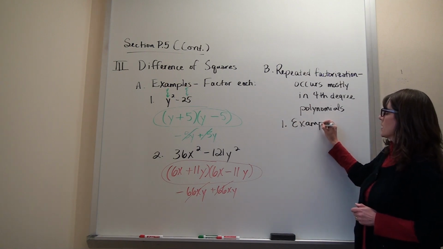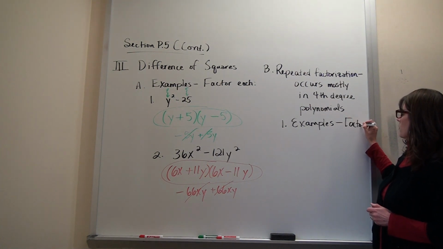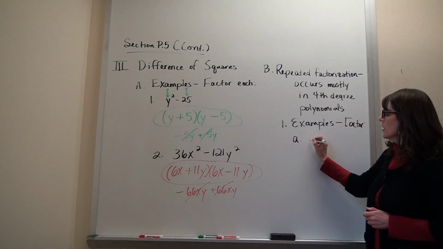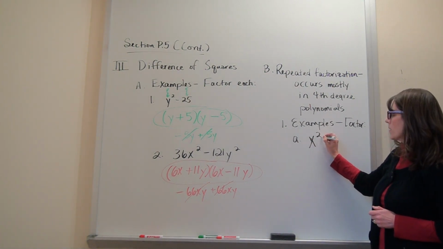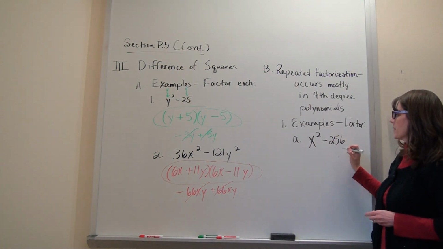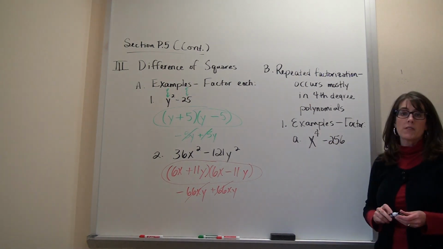And so, for example, let's say that I've got an x to the fourth minus a 256 to factor.